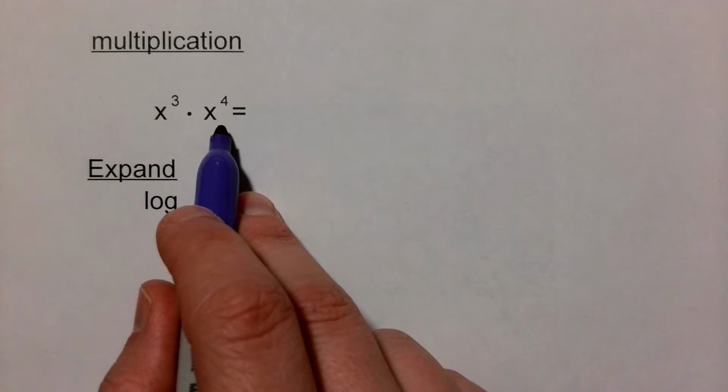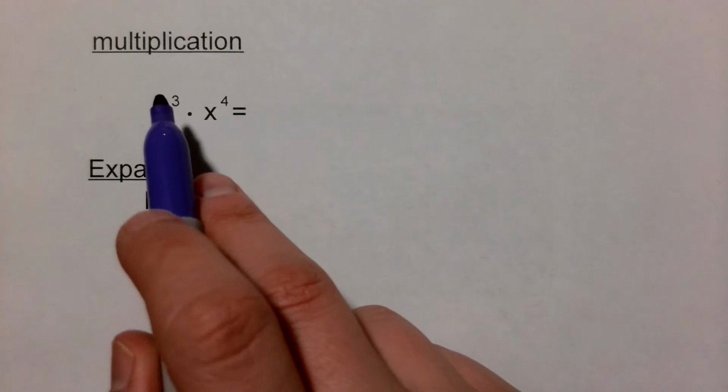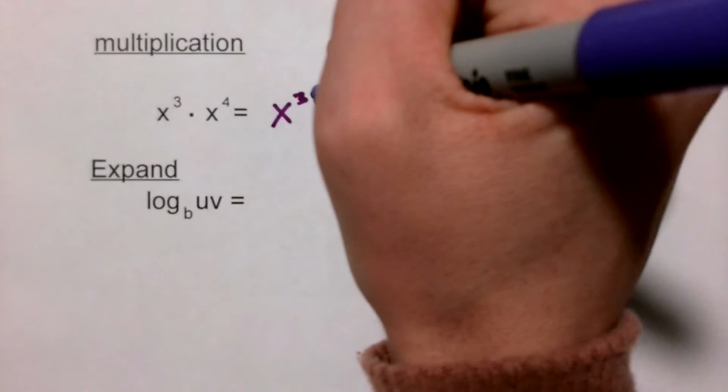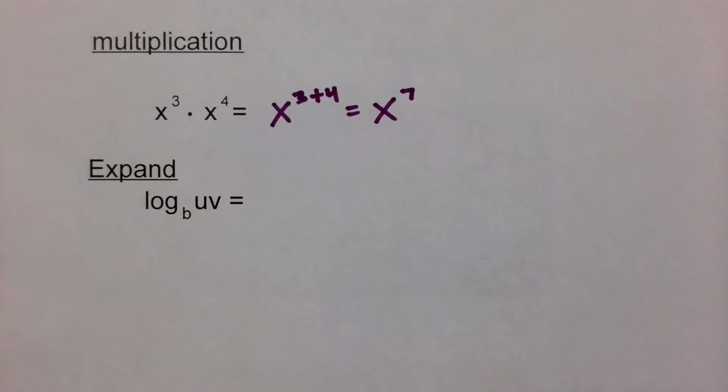In the case when we're multiplying the same base to different powers, well, it doesn't have to be different powers, they could be the same, we end up adding the powers. So if I'm multiplying, I would end up saying x to the 3 plus 4, or x to the 7th power.